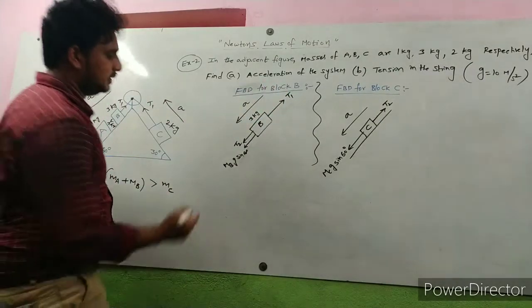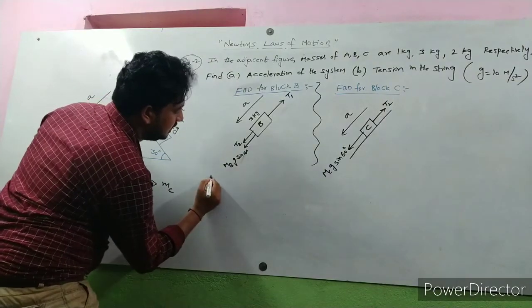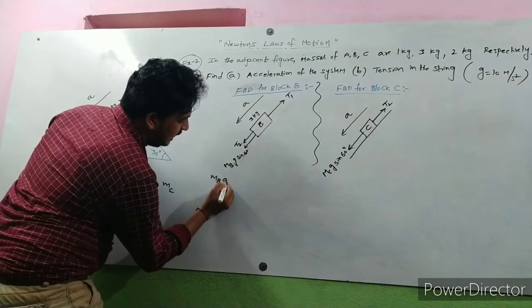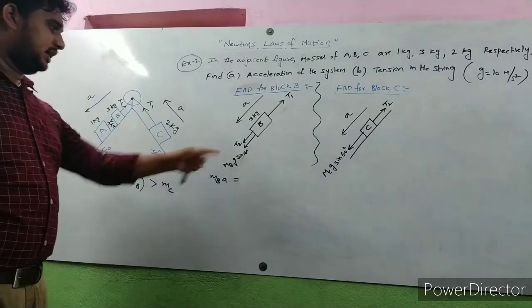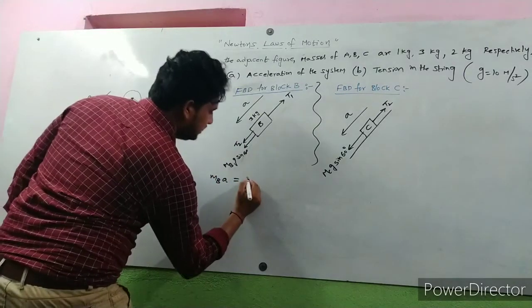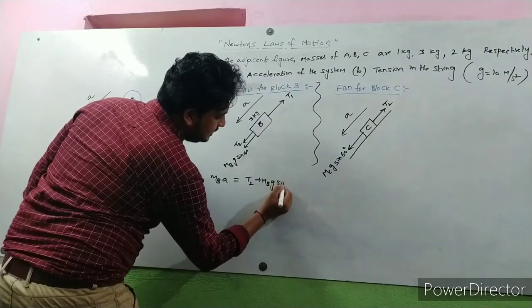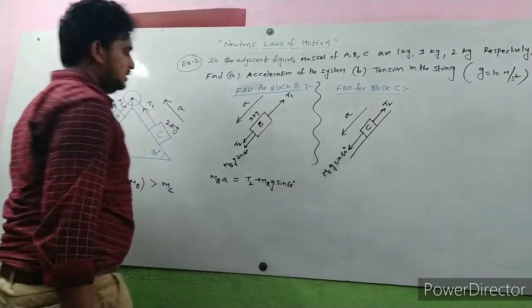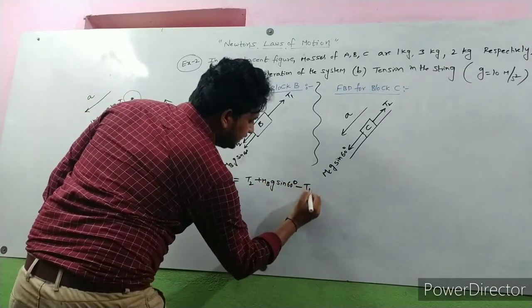Since acceleration is downward, MB into A is equal to T2 plus MBg sin 60 degrees minus T1.